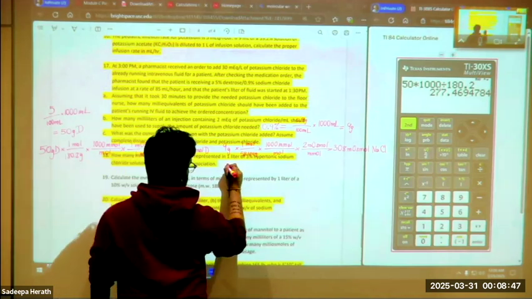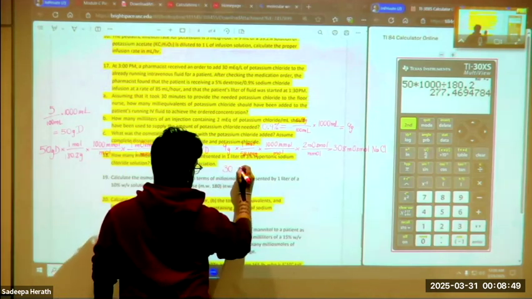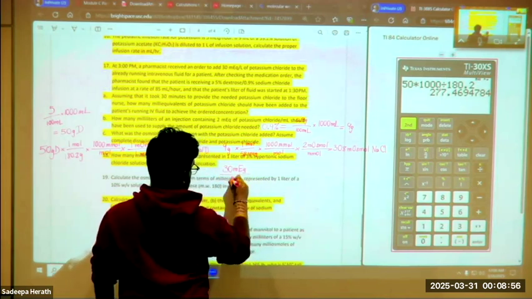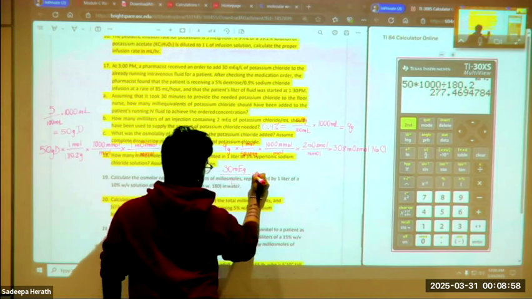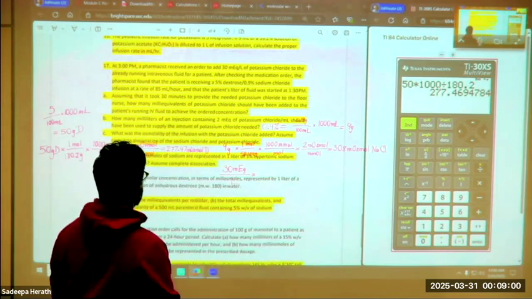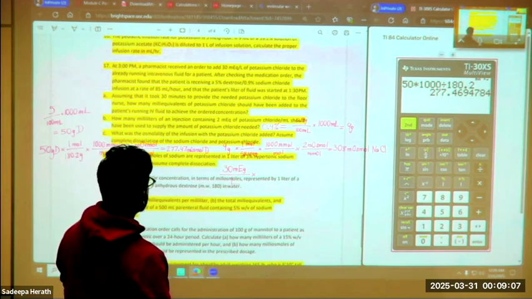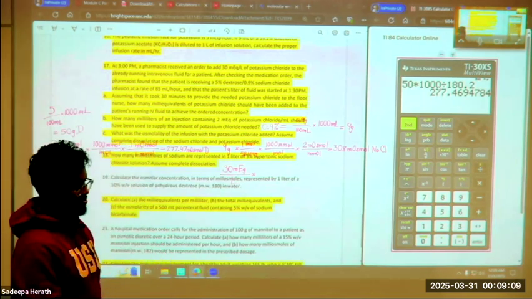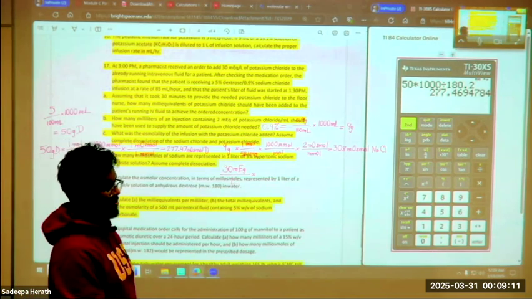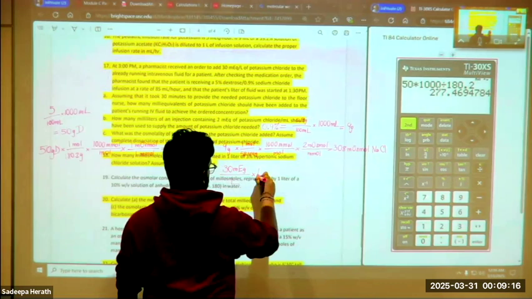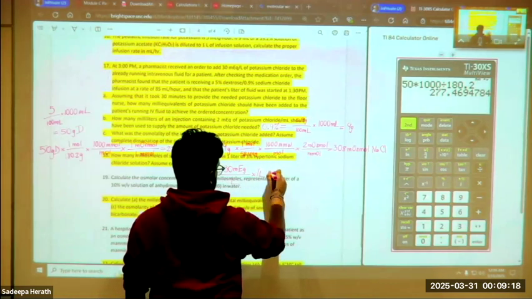30 mEq per liter times, it was adjusted for less than a liter, but it is considered for a liter. So we would also multiply it out by 1 liter. That cancels that out.